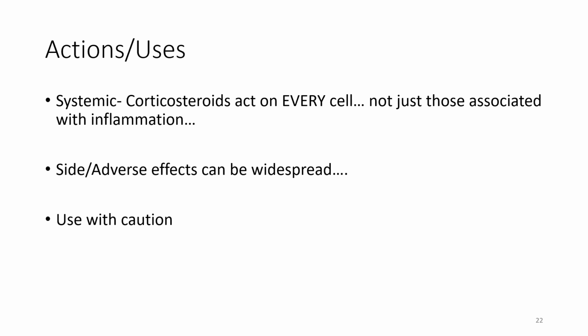Okay, severe asthma. You can also do local injections of corticosteroids into the joints, maybe shoulders, hips, back, just to alleviate some of that pain associated with inflammation in those areas.